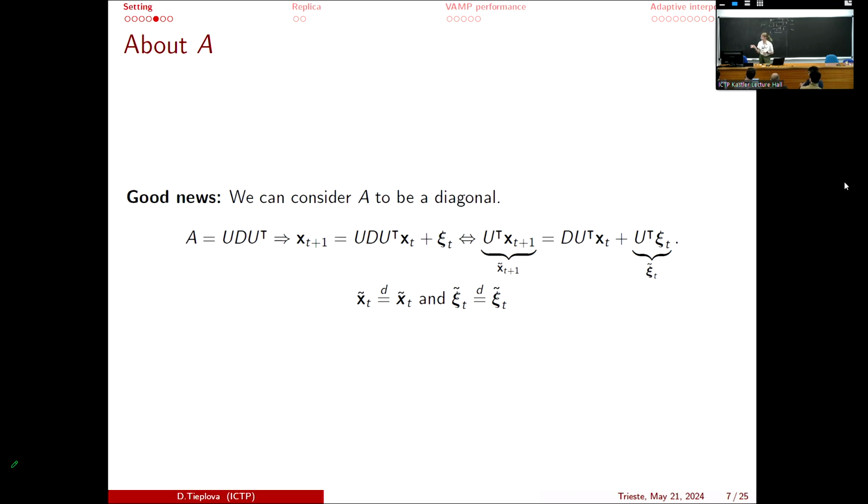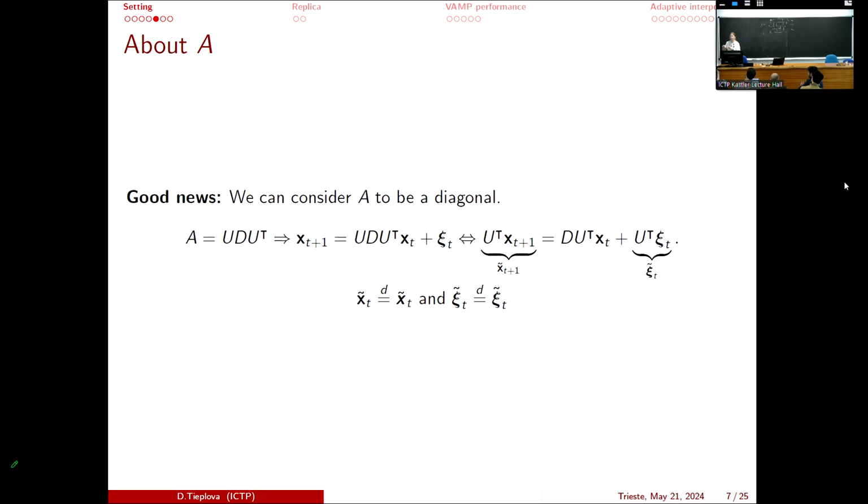Indeed, if A is symmetric, it has this eigenvector decomposition, and if we multiply both parts of our equation for xt plus 1 by U transpose, then on the right we will have something new, which we call x tilde.